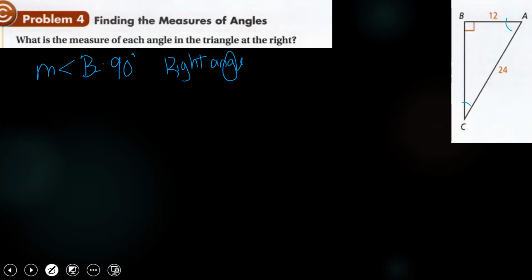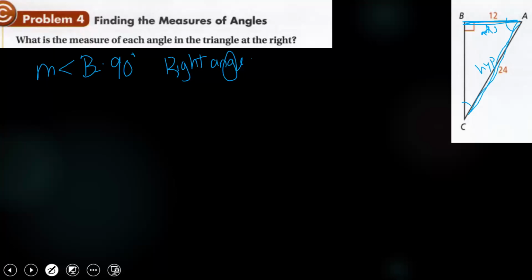Now I want to find the measure of angle A. All of you look at angle A. What are the two given sides I have, and what are their names? The adjacent, and this side is the hypotenuse. So I have the adjacent and the hypotenuse.